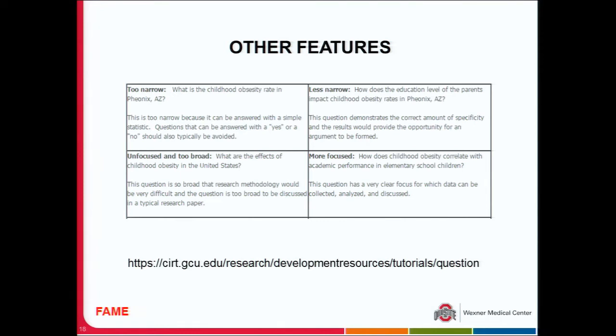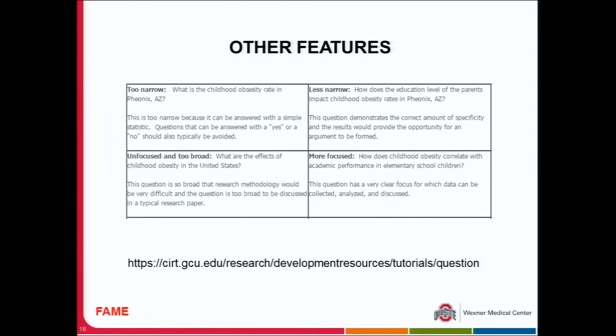It has enough specificity, and it should provide the opportunity for you to formulate some kind of basis for not only a question, but what you're going to propose in a hypothesis. It may be unfocused and too broad. So what is the effect of childhood obesity in the United States? Well, that's a massive question.